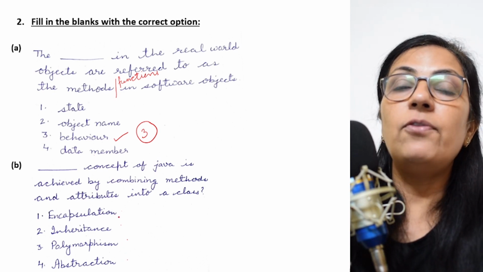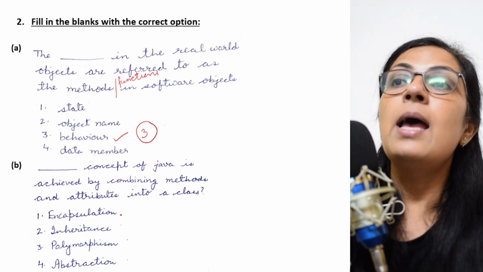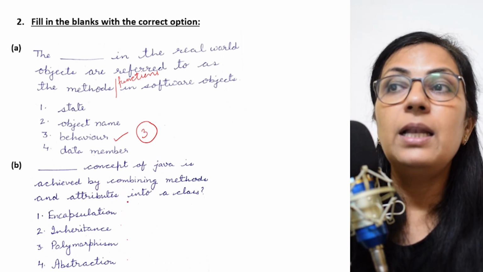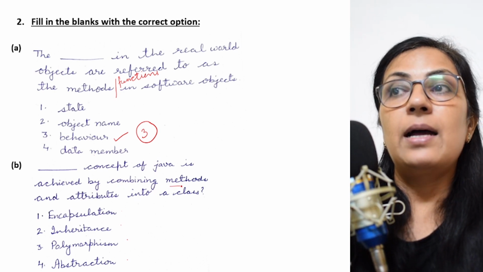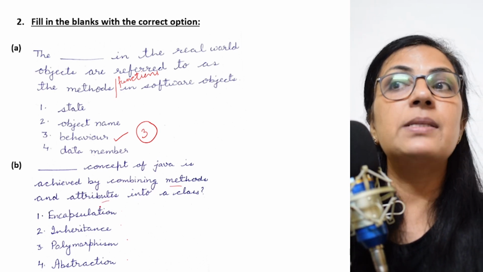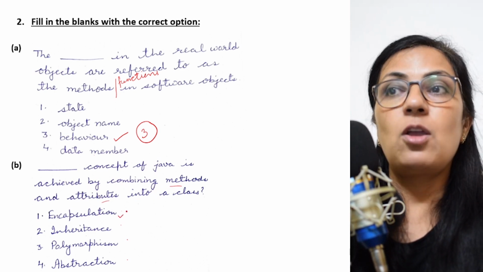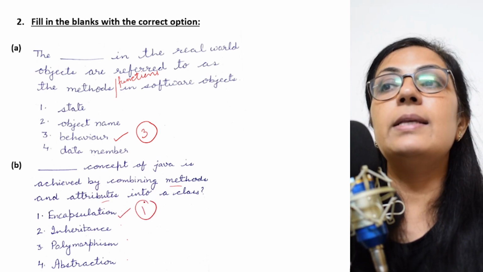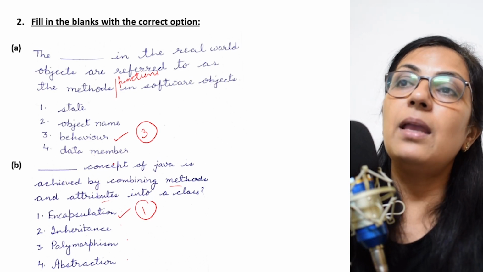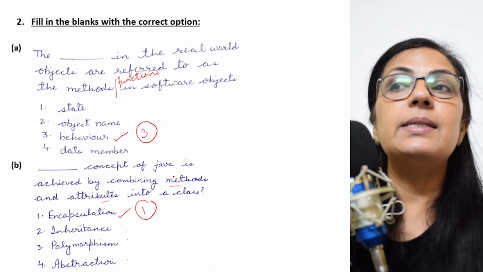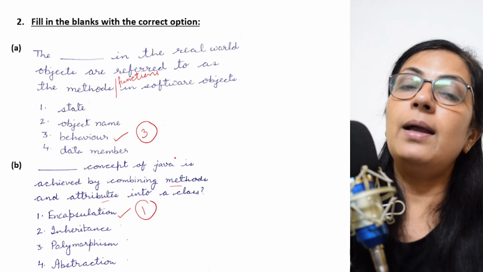And the definition of encapsulation says wrapping up of data and functions into a single unit. So methods are the functions, data members are the attributes. So which concept? Yes, you are right. Option 1 is the correct answer. That means encapsulation is achieved by combining methods and attributes into a class.